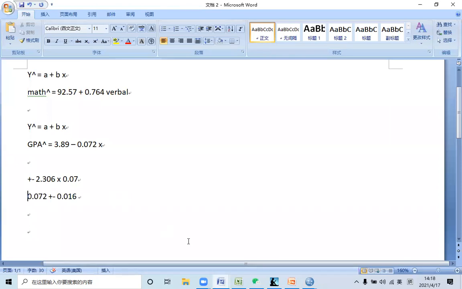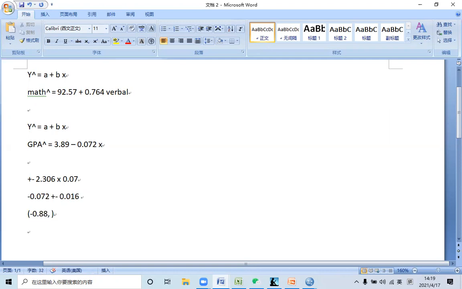That's going to be negative. The slope is negative in this case. So the lower boundary would be negative 0.072 plus 0.016, no, minus: negative 0.088. The lower boundary is negative.